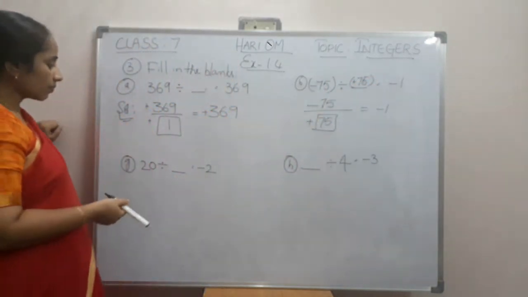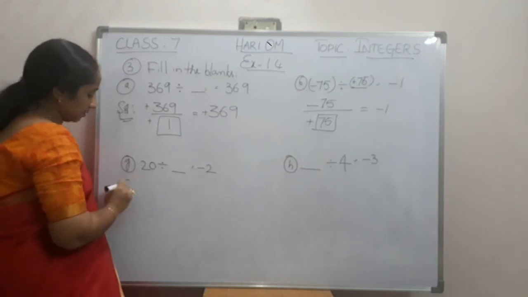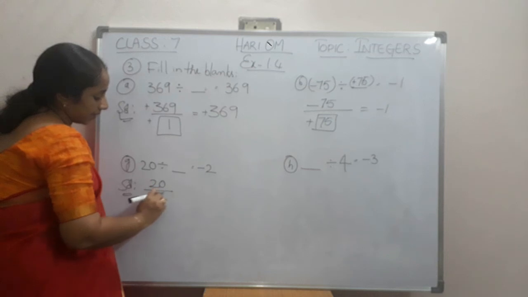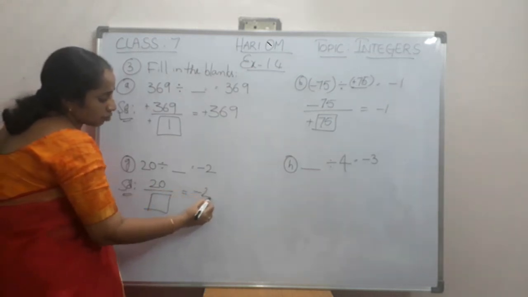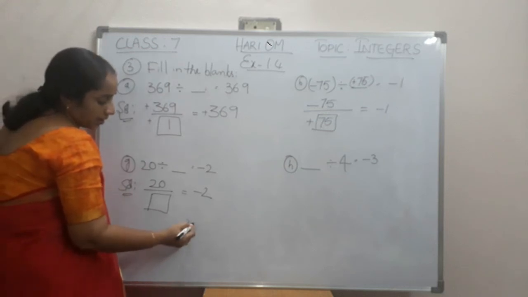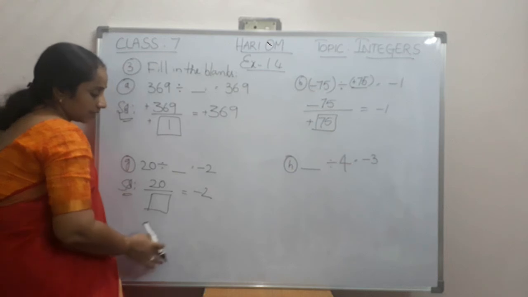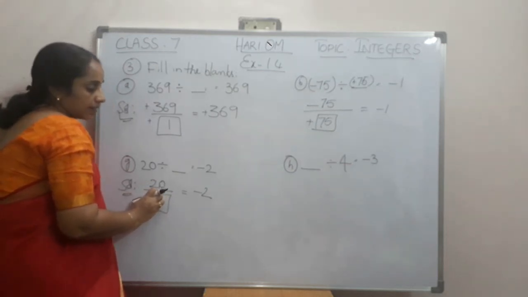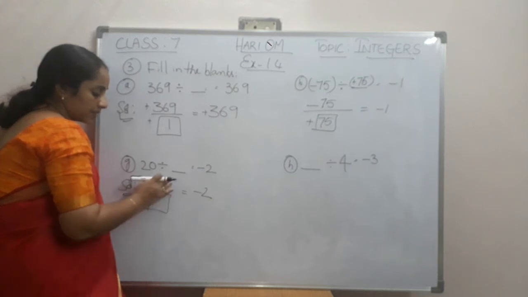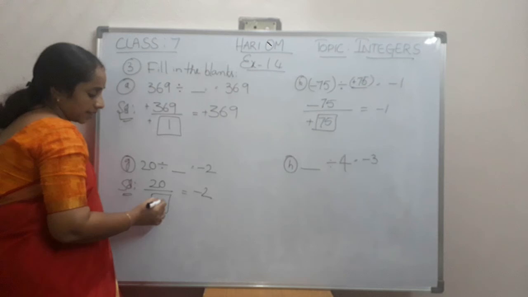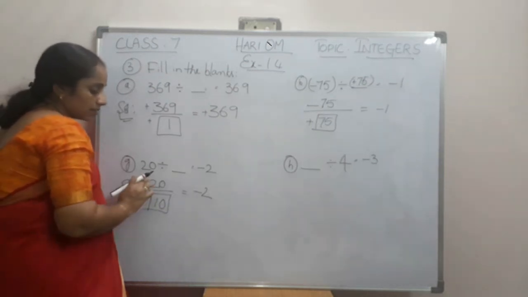Okay. Now coming to here, 20 divided by some number is minus 2. I already discussed that you should get one more number here. By dividing 20 by that number you will get minus 2, which means it is 10, since 10 twos are 20.